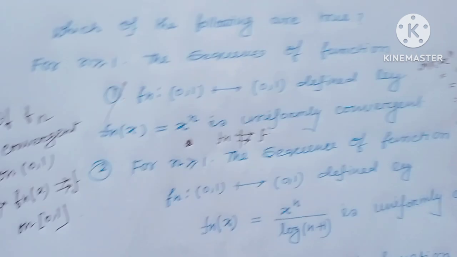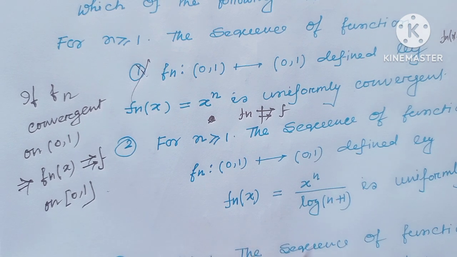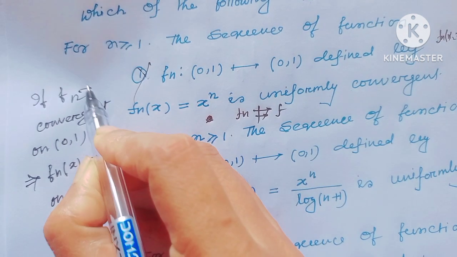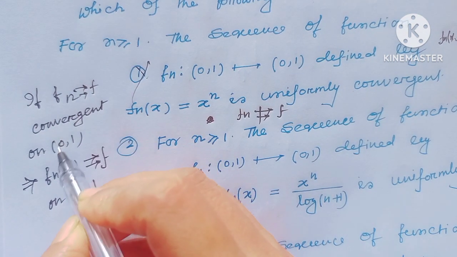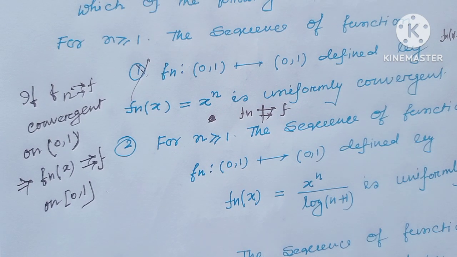Also, another method is: if fn is uniformly convergent on the open interval (0,1), that means fn is uniformly convergent to f on the closed interval [0,1].